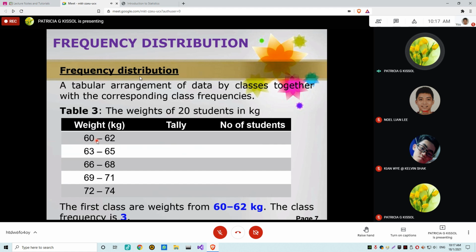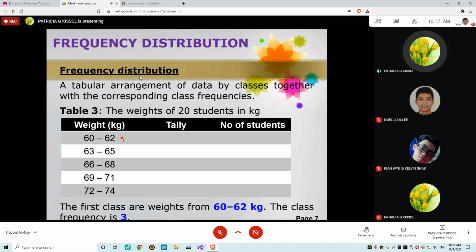So if you remember the data that we have in the earlier slides that I've shown to you, we have 60 to 62, 63 to 65, 66 to 68, 69 to 71, and 72 to 74. That means it's classified into these categories.